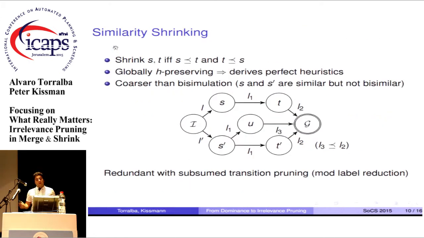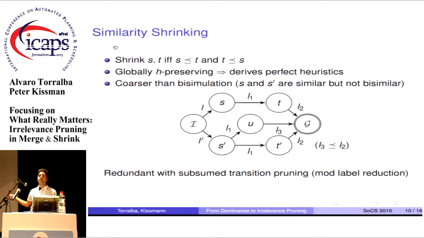Okay, another use that you might have for your dominance relations that relate the states in your transition systems is to perform a shrinking. So we define similarity shrinking, shrinking every pair of states so that both are better than each other. This transformation has nice theoretical properties.